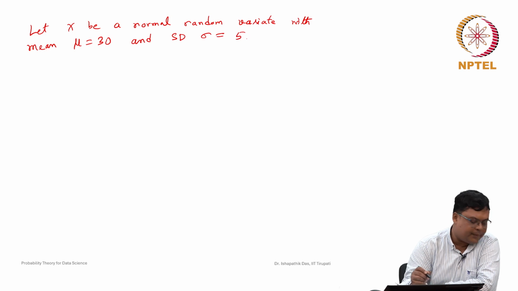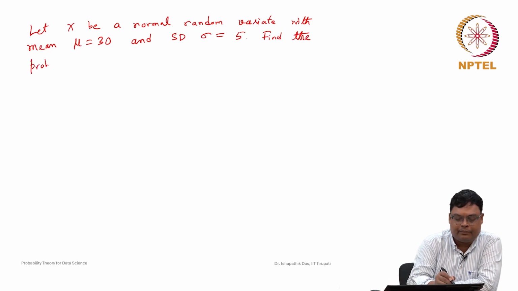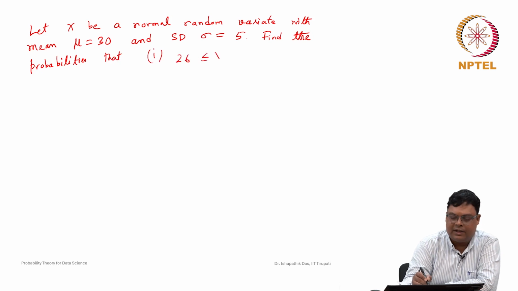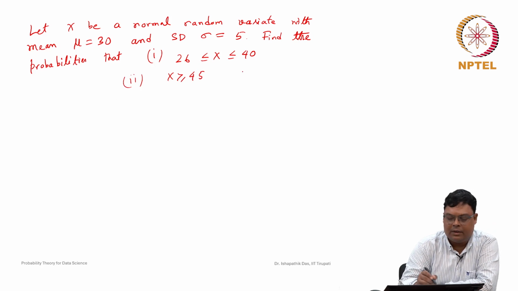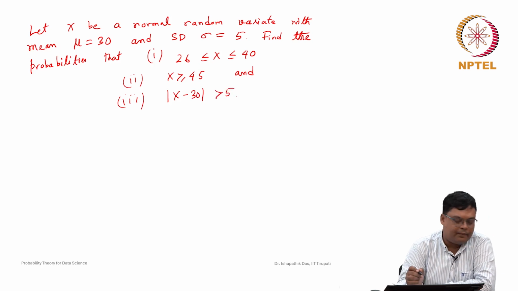Find the probabilities that: one, 26 less than or equal to x less than or equal to 40; two, x greater than or equal to 45; and three, mod of x minus 30 is greater than 5.